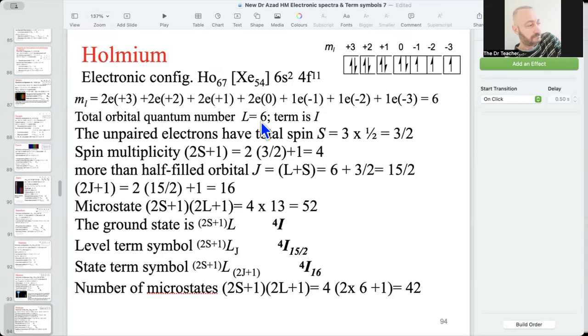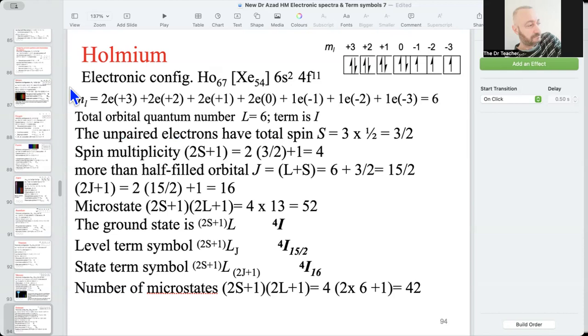If L is 0, it will be S, 1 is P, 2 is D, 3 is F, 4 is G, H, I. So I need to know exactly the term. Let me have a look where we put the terms before.